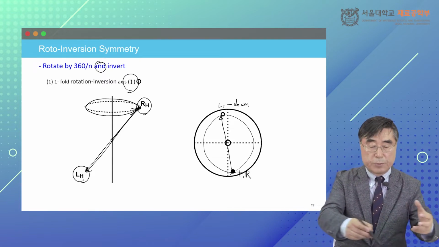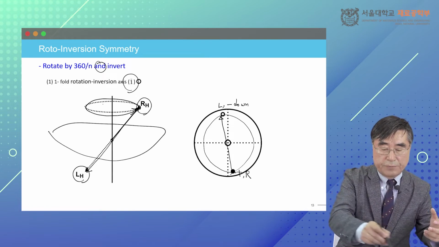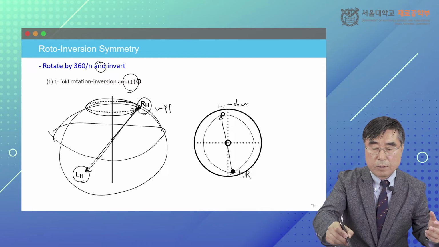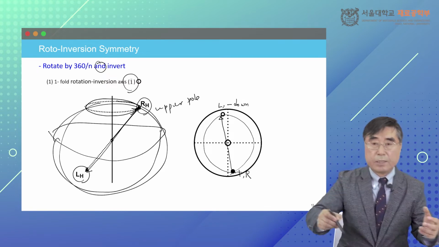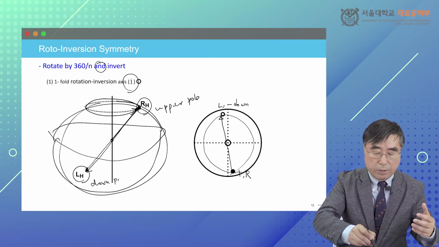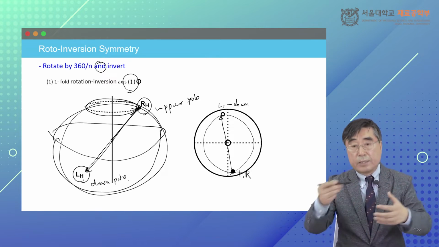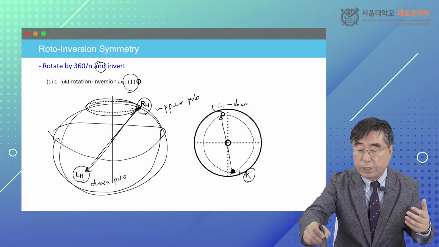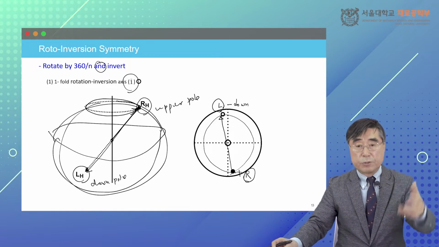In the stereotype projection, we're drawing the spheres like this. Then this is the upper pole. You invert it. Now this is the other side of the hemisphere. So this is now the down pole. And at the same time, you invert it. So the right hand goes to the left hand operations. So it's incongruent operations.